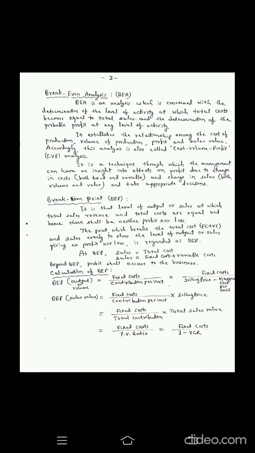Both are one and the same, because PV ratio is exactly equal to 1 minus VCR. So, formula here is fixed cost divided by PV ratio, or fixed cost divided by 1 minus variable cost ratio.